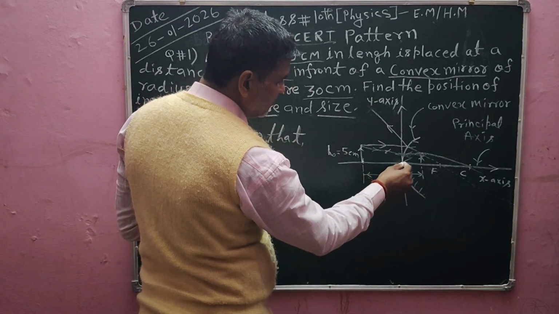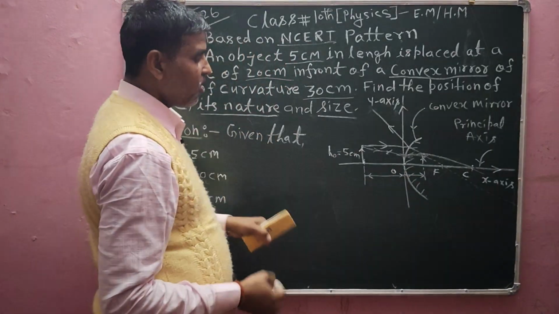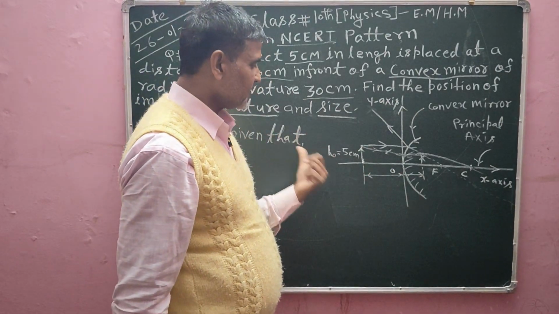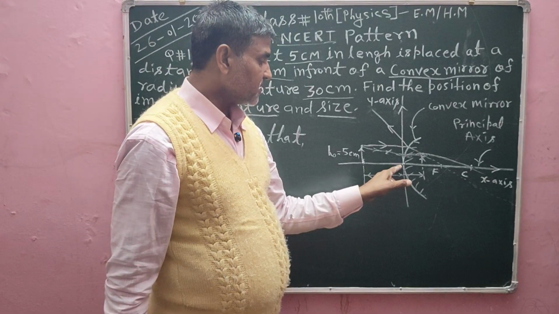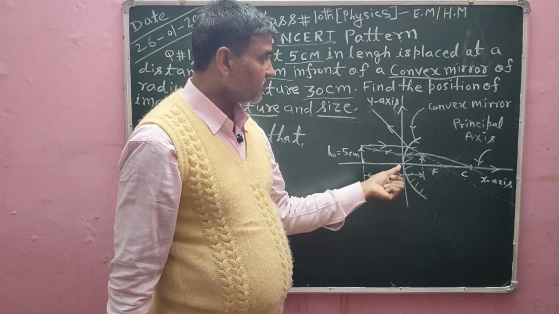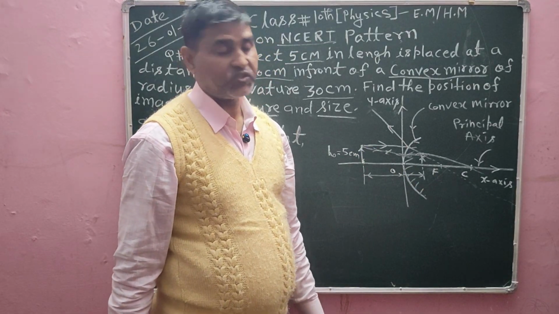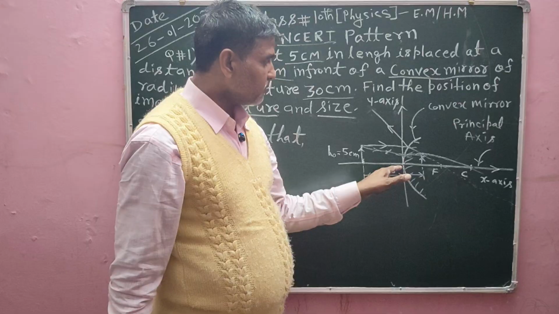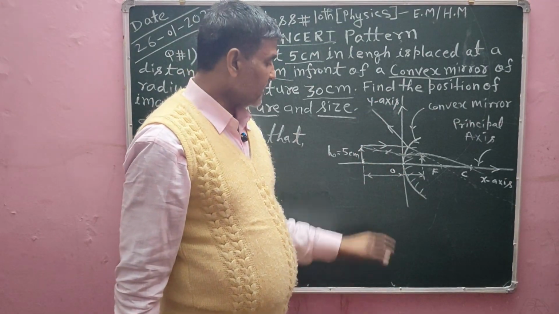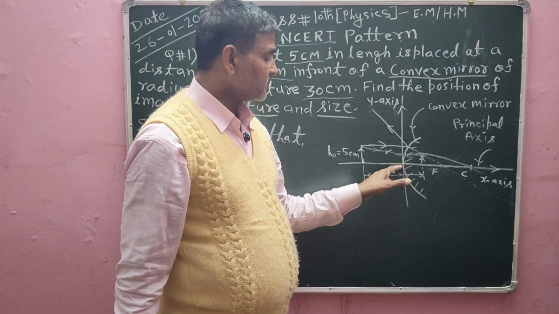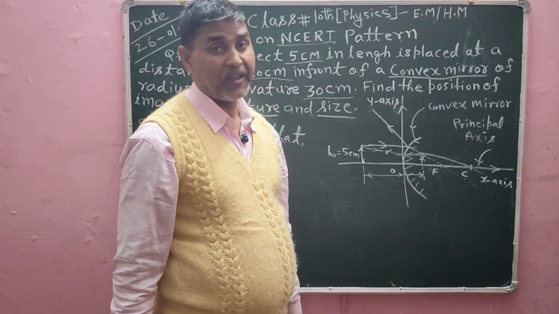So this length from the center of the convex mirror on the left hand side, I will take minus sign, and from the center of the convex mirror on the right hand side I will take positive sign, and from the center of the convex mirror to positive y-axis I will take positive sign, and below from the center of the convex mirror in the negative y direction I will take minus sign.